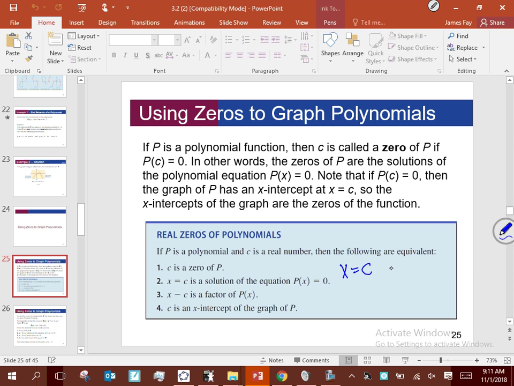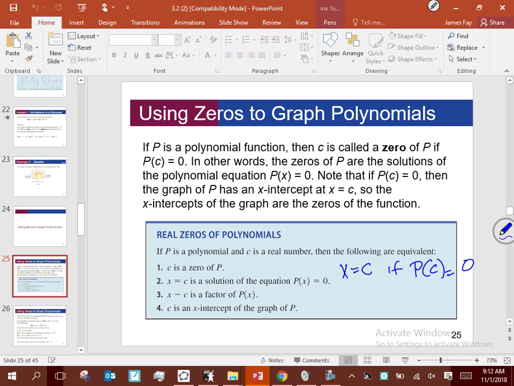If you take c as an input into your function, and it spits back an output of 0, that means that point is on the x-axis, isn't it? And if it's on the x-axis, it's intercepting the x-axis, right? So we have what we call an x-intercept.